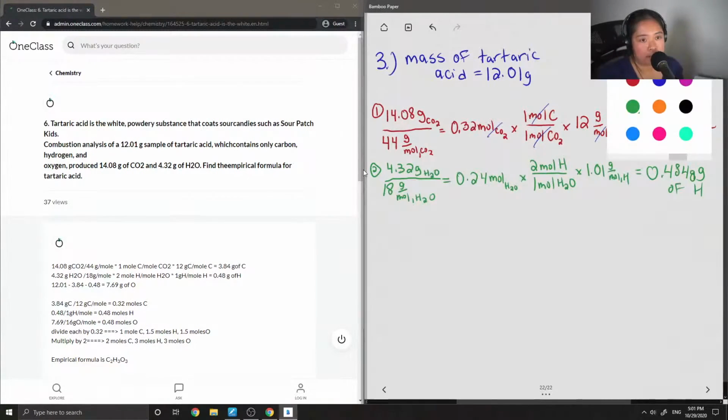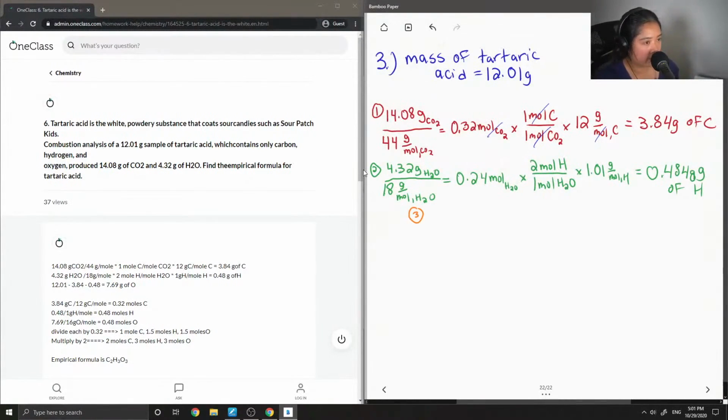So now, by the law of conservation of mass, if I know that we had a total of 12.01 grams of tartaric acid, I'm going to subtract the 3.84 grams of carbon that was there, and subtract the 0.4848 grams of hydrogen that was there.